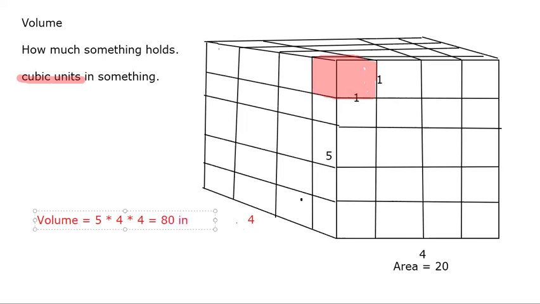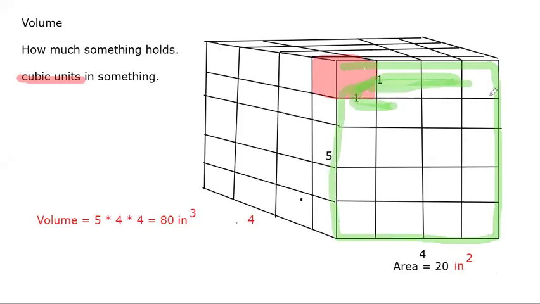But in this one, let's just say these are in inches. Now we have a cubic unit. Over here, our area was inches squared on that front piece before we added the thickness to it. So this area was just this front face with no thickness whatsoever, just like a little piece of paper.